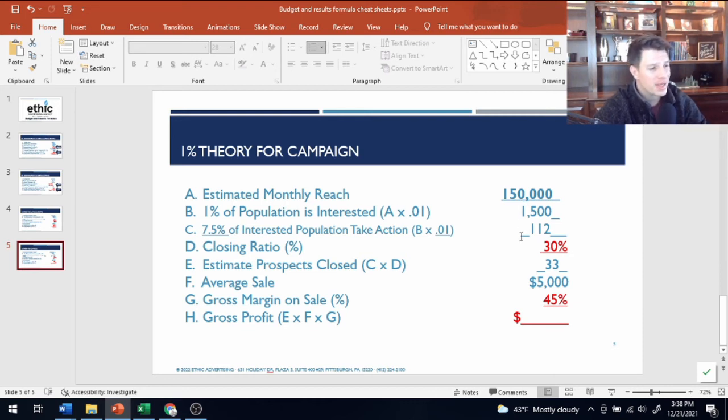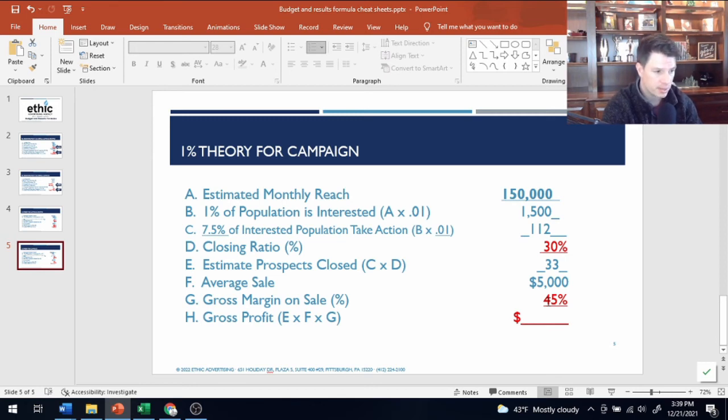And then out of the interested party, our creative is good enough to convince 7.5% of them to take action in this case. And then the closing ratio is 30%, the average sale is $5,000, and the gross margin is 45%. You can actually estimate the amount of money that you'll make off of a $50,000 campaign, right?